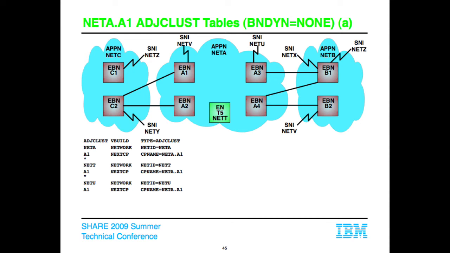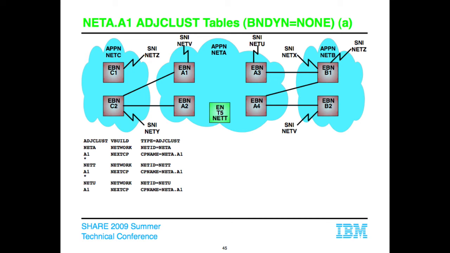It could also be on network nodes in the middle who are not border nodes. The only way to find them all is to basically force a search of the native network, which means you want to put your own name inside the adjacent cluster table. So the net A network statement would basically have one cluster table, with one entry in it, and that would be A1's name. On A1, that is.